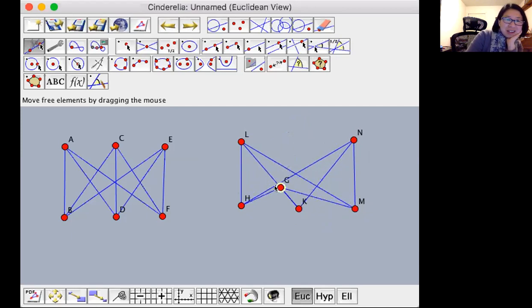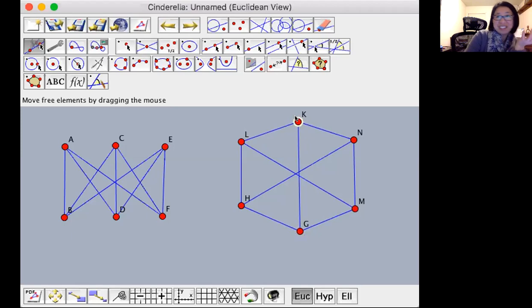We can undo this. Look at that. So if you have a program like this, it allows you to tug at vertices and maintain the connections between them. And then you can just see there are lots of ways of drawing the same thing.